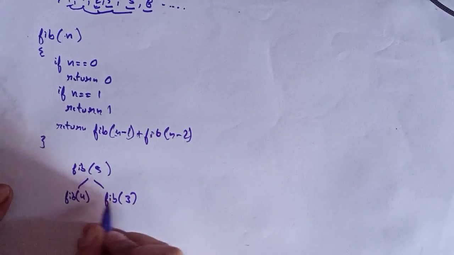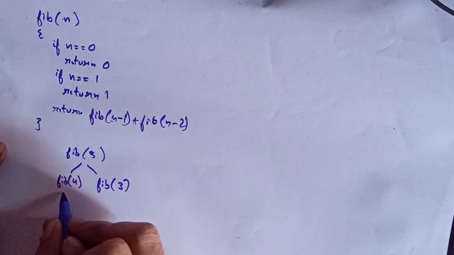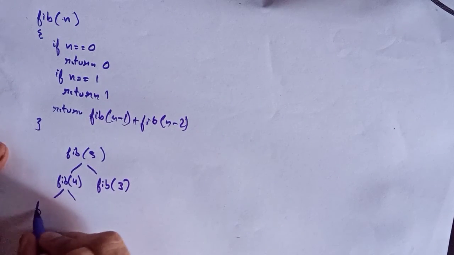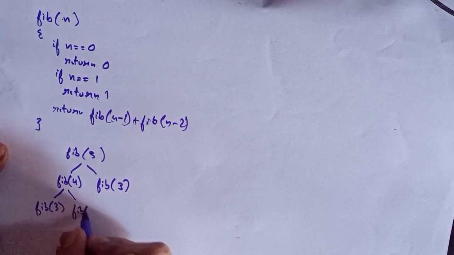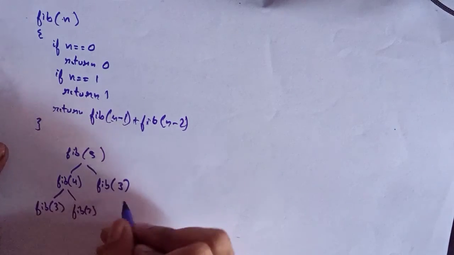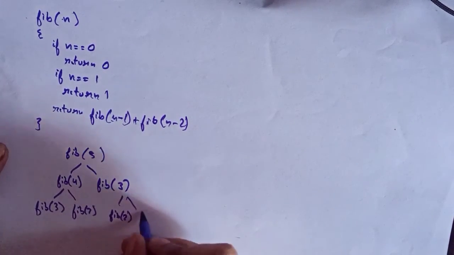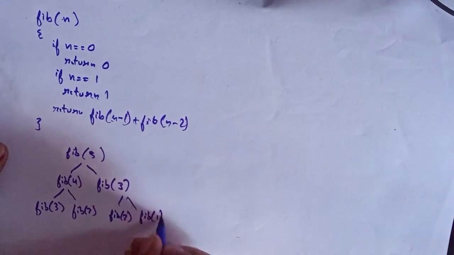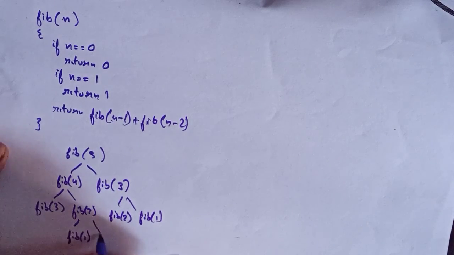The summation of these two shall give 5. What will happen next? We get fib of 3, fib of 2. For 3 we get fib of 2, fib of 1. For 2 we get fib of 1, fib of 0.